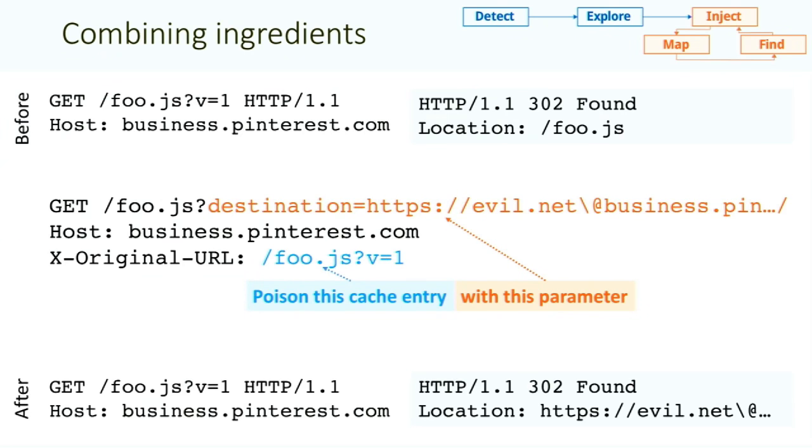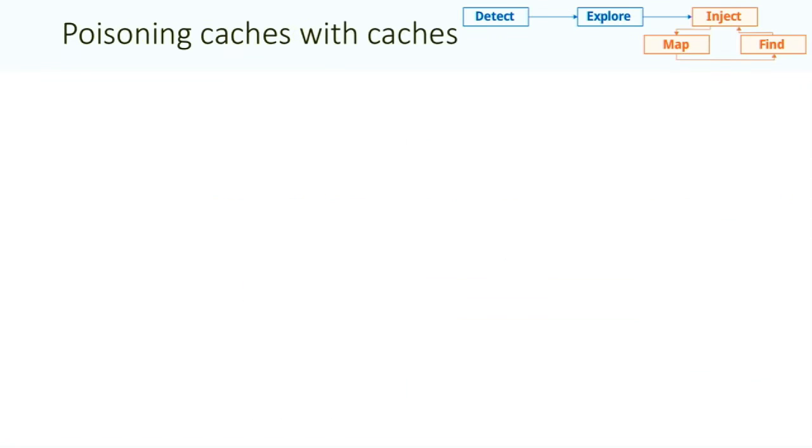And the end result is that when someone loads any of these pages on business.pinterest.com, these pages that are meant to be completely static, they end up importing JavaScript from my website, and I get full control over their account. So that's pretty cool, but that's still not full-on exploitation of all Drupal sites, because we can only hijack existing redirects. What we really want to do is hijack arbitrary responses from the server.